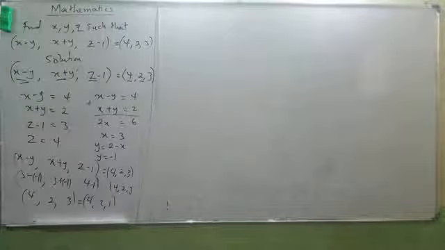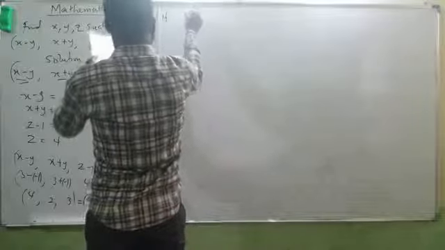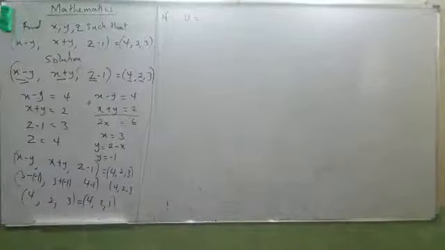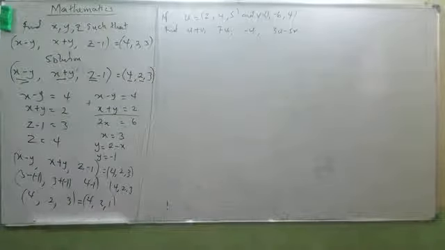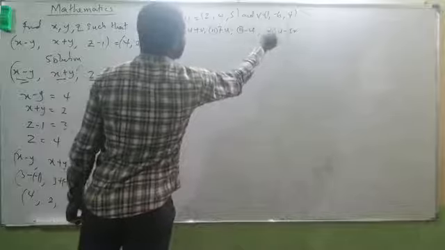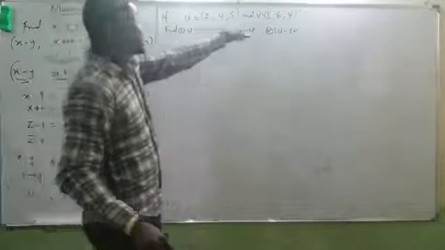Now, another question can be asked. If u equals this and v equals this, you permit me to write the question because of time. We are asked to find this, this, and this.